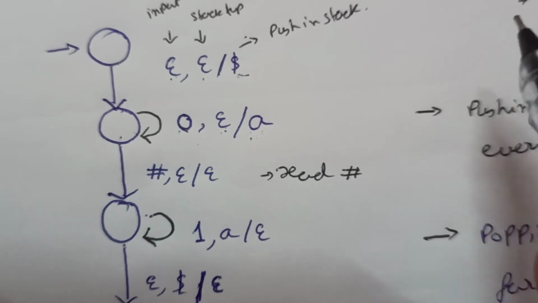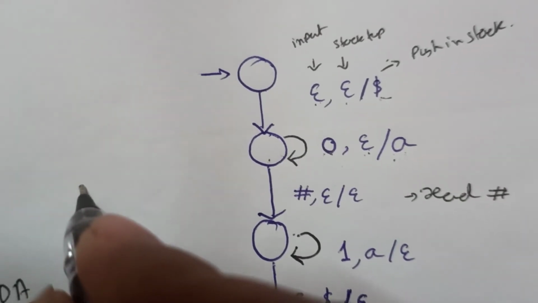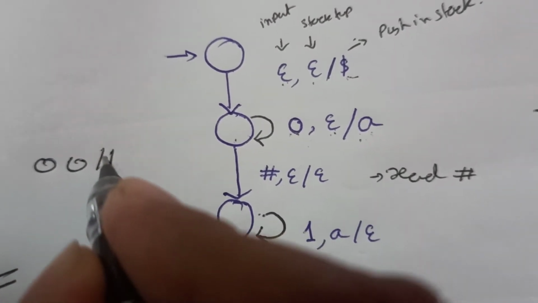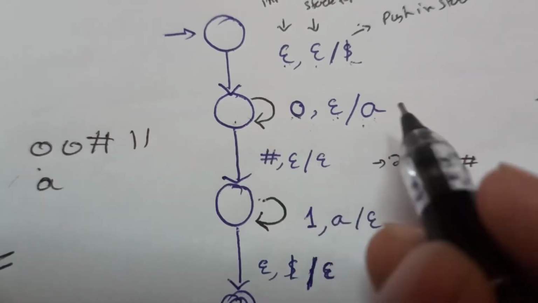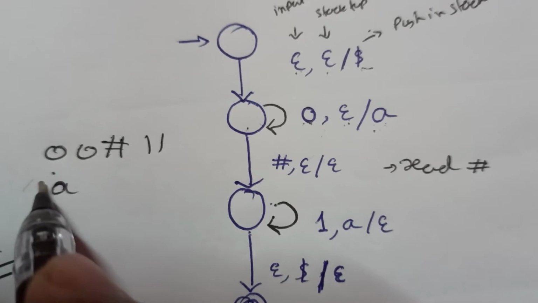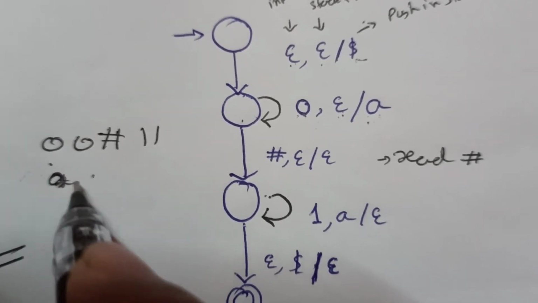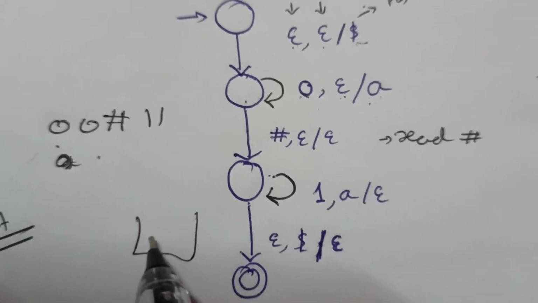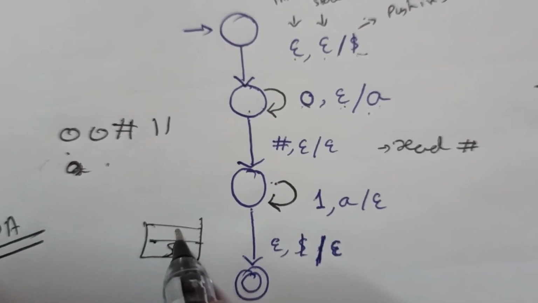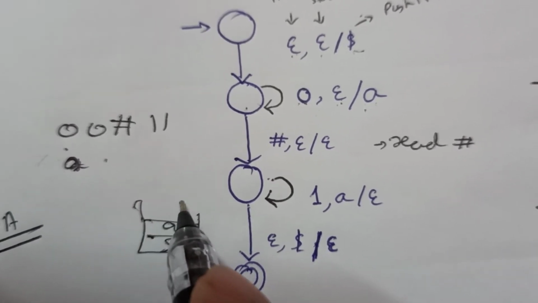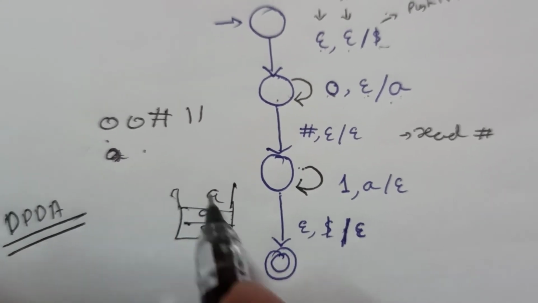Suppose the string was like this: 0 0 hash 1 1. Then for this first 0 we are pushing a, and again for the self loop this second 0 we are again pushing a inside our stack. So this is our stack: here we are having dollar, for the first 0 we are pushing a, and for the second 0 we are again pushing a into our stack.